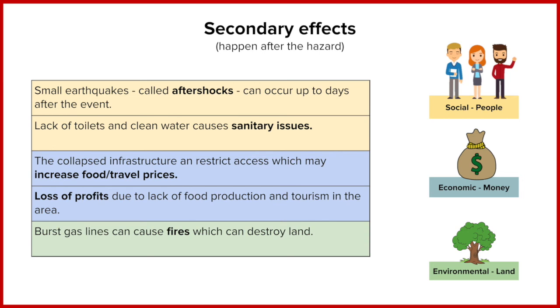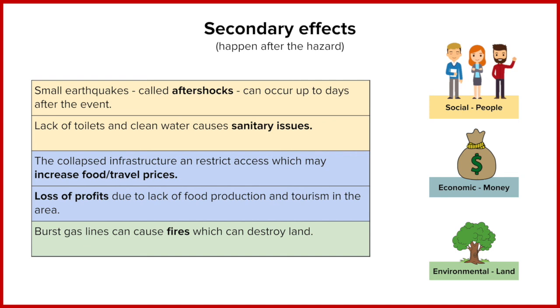That can lead to health issues, as we're more likely to see the spread of diseases from contaminated water like cholera and dysentery. And with the collapse of infrastructure, access to food and travel is restricted, meaning travel prices and food prices increase, and there's also a lack of access to medical care, which links to the social as well.